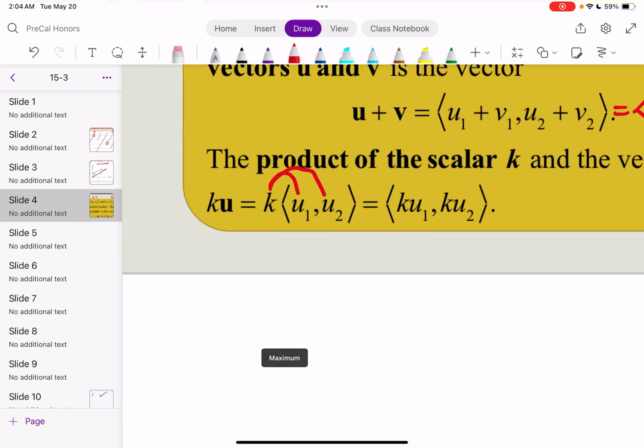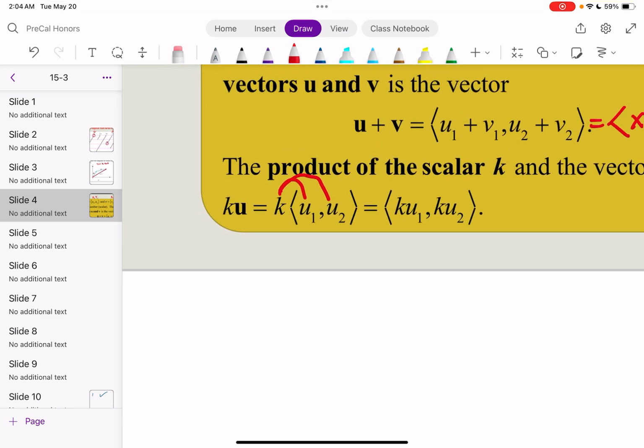A great example of that would be if we had a vector of 1, 2, and we were multiplying by 4, being our k. In this case, we distribute that 4, which would leave us with 4, 8 as our vector. Please keep in mind, our vector will always be represented with our pointed parentheses.